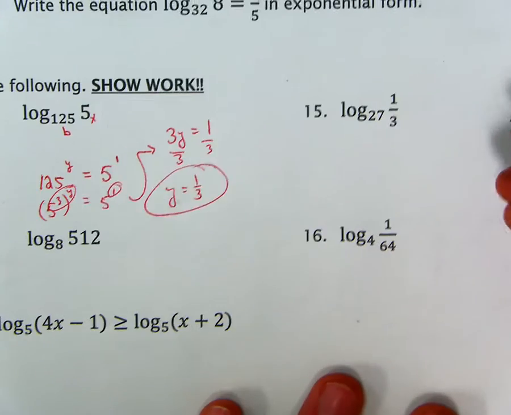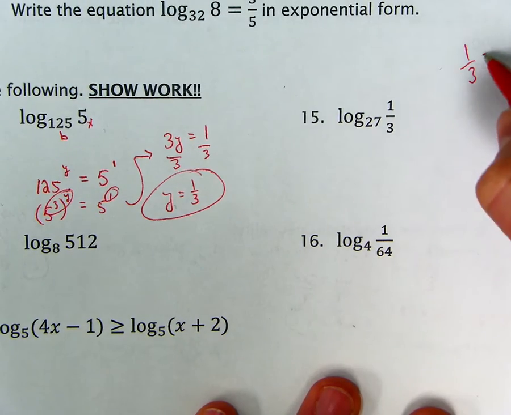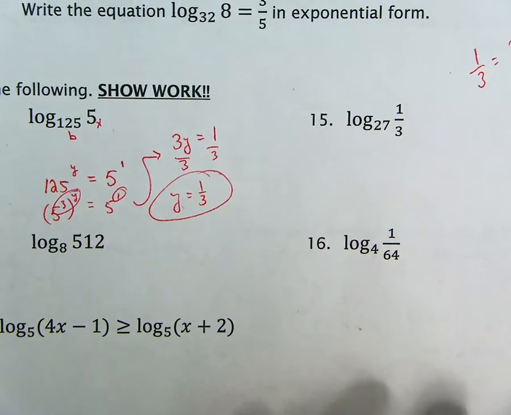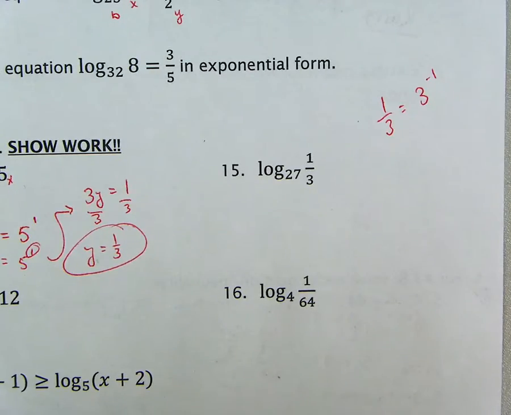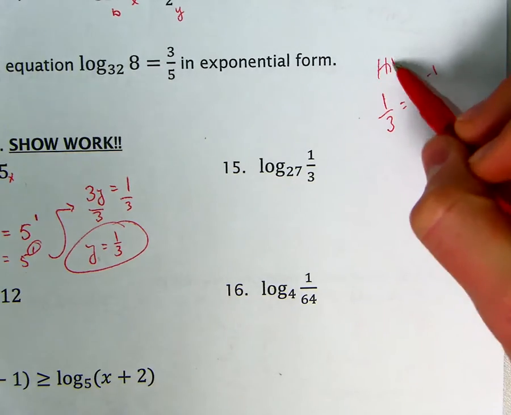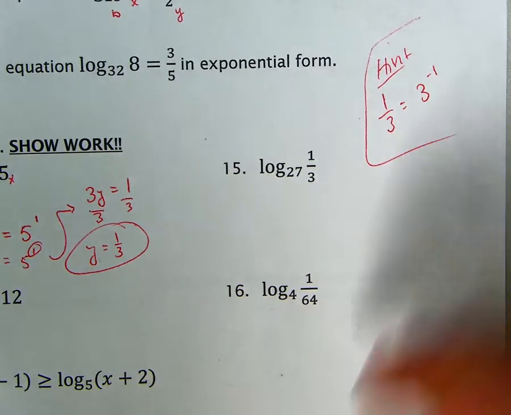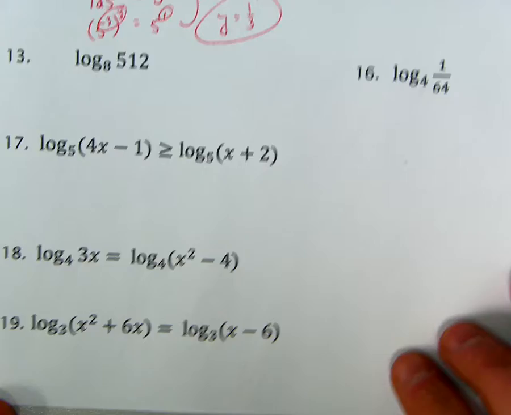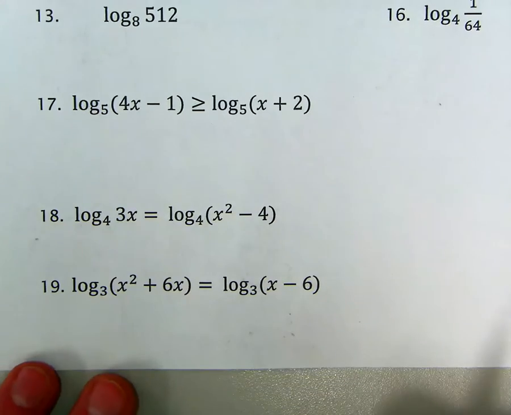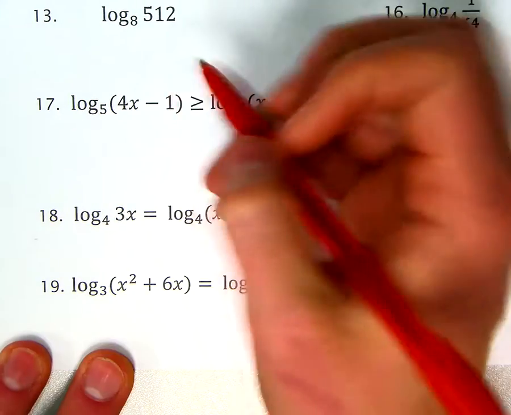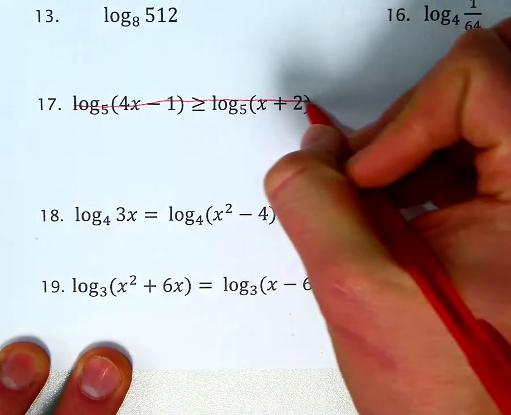That's how you do some problems like that. Again, 1/3 is the same thing as saying 3 to the negative first. Okay? It's a little hint. Now for this, I'm going to have you actually cross off 17.